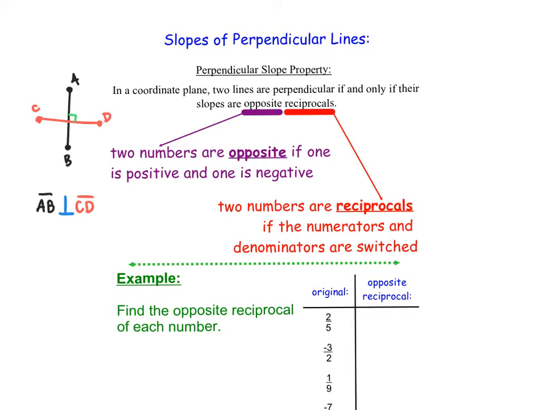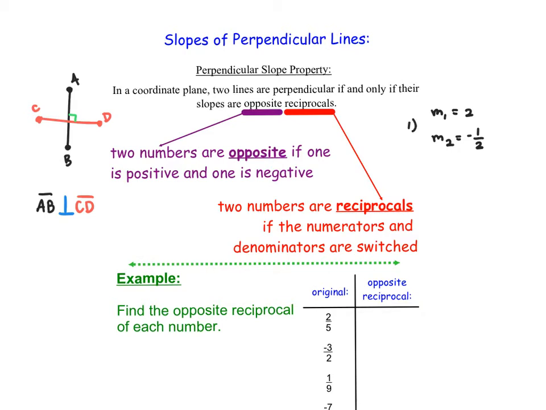So an example of opposite reciprocals, let's say slope number 1 equals 2. Slope number 2 would have to be negative since the first one is positive, and it's reciprocal. So the reciprocal of 2 over 1 is 1 over 2. And the opposite of positive 2 is a negative, in this case, -1/2.